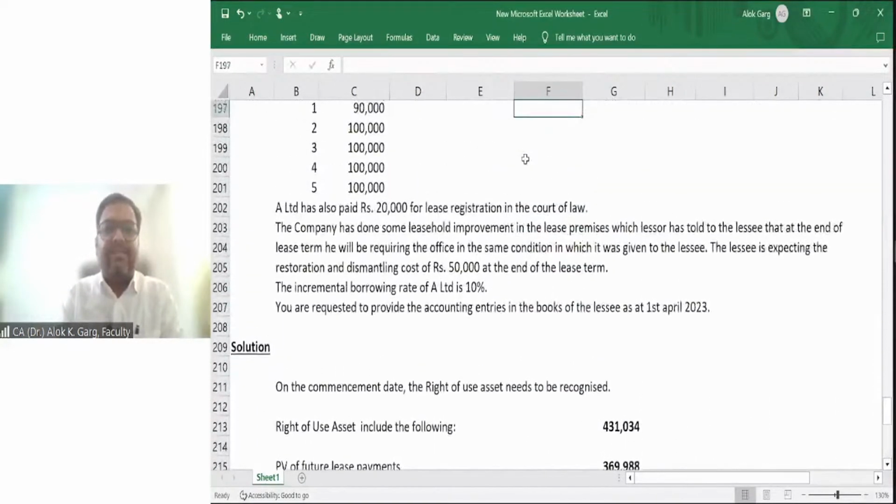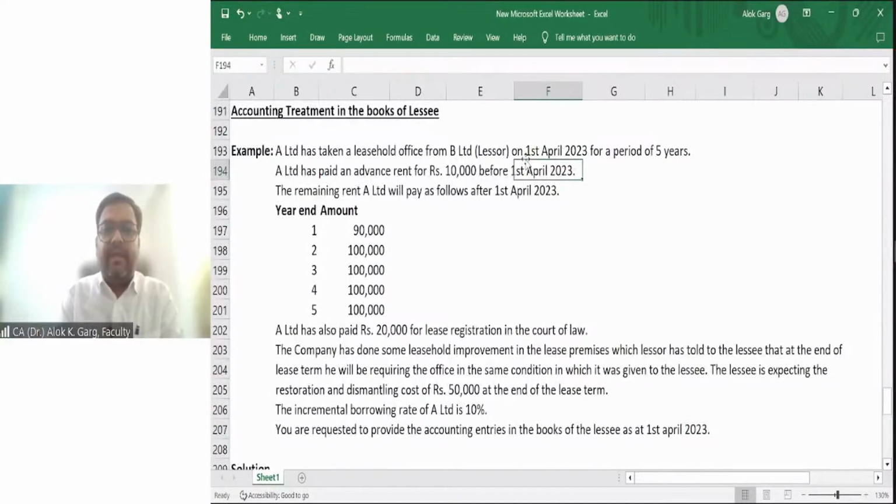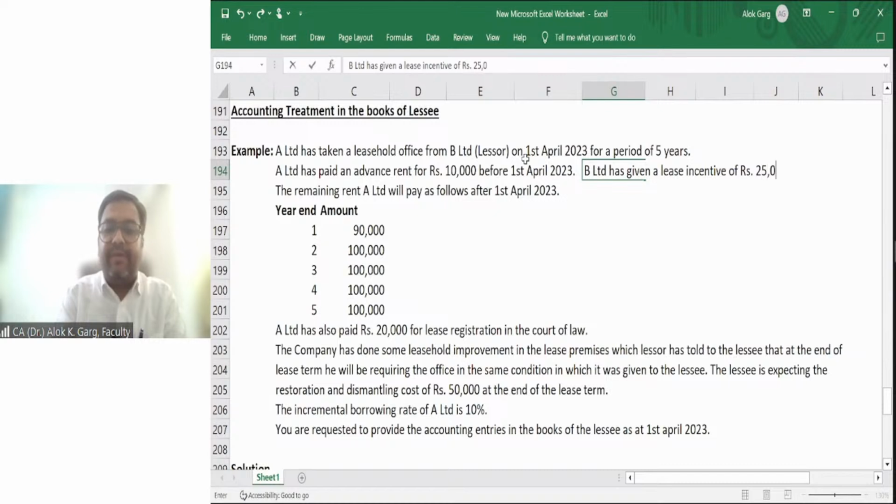So I'm extending my example, and I'll write here: B Limited has given a lease incentive of rupees 25,000 at the time of entry of A Limited in the office space, right?